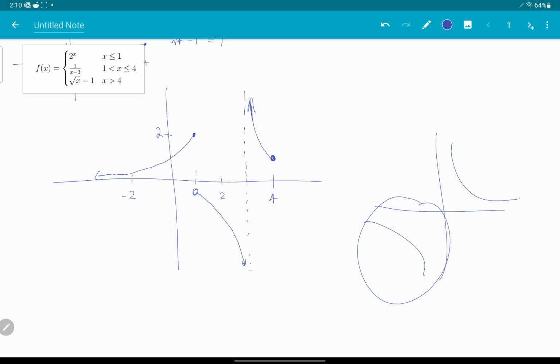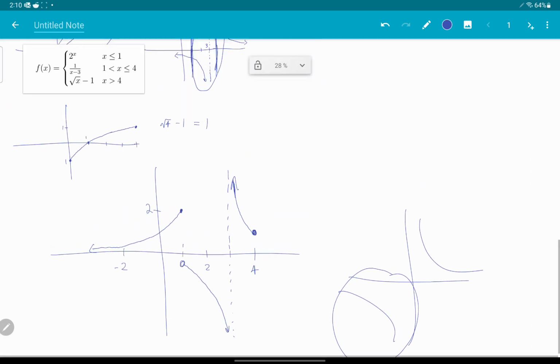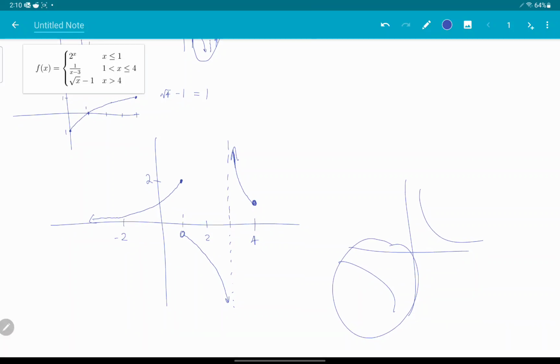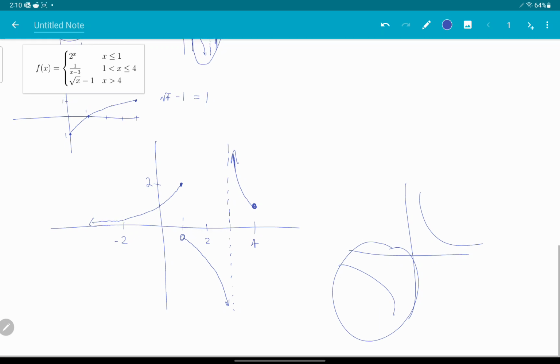Finally, for x bigger than 4, I use this graph, which is my root x minus 1. So at 4, I'm actually going through this point, aren't I?